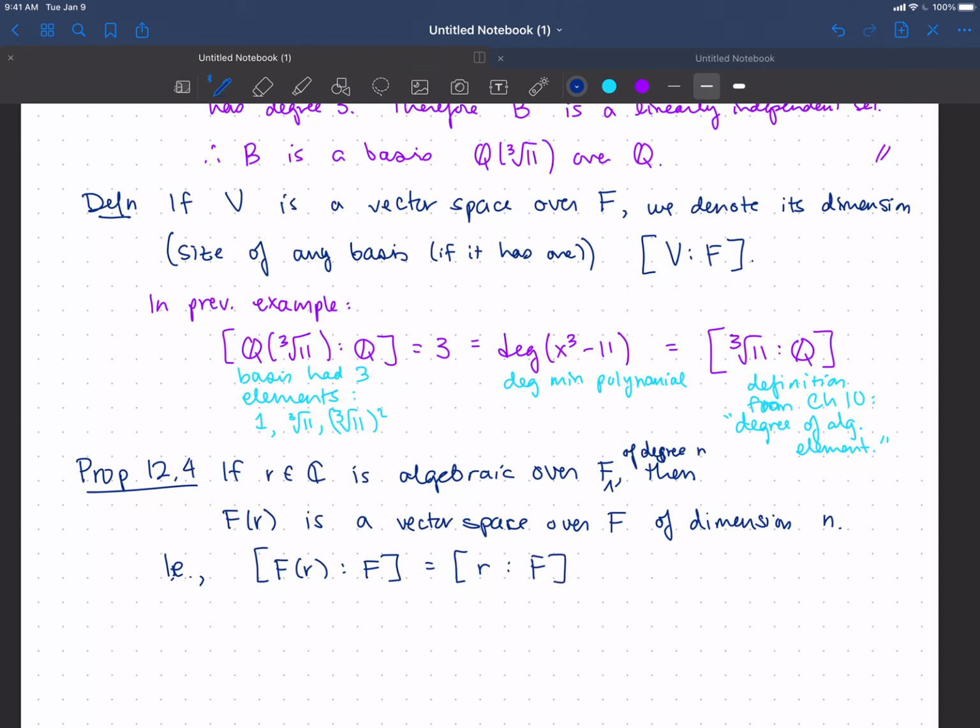Really what it's saying is that the dimension of this vector space that we built will be the same as the degree of that polynomial. So we can talk about the size, the dimension of that thing. And the proof sketch is exactly what we did for our example. We say, all right, well, let's use proposition 10.8. We know that we can write everything as the span of 1, r, r squared, up to r to the n minus 1. And then we do a contradiction argument to show linear independence.